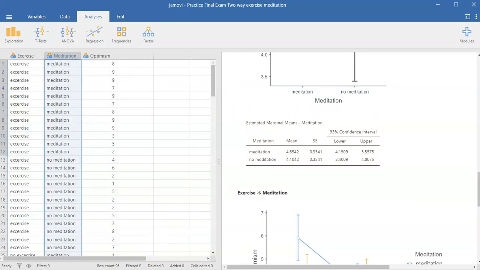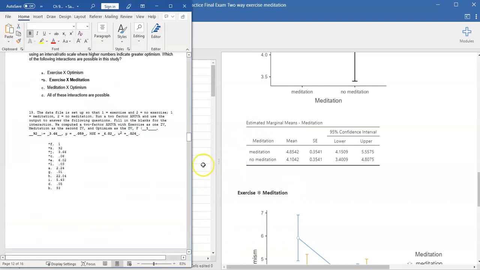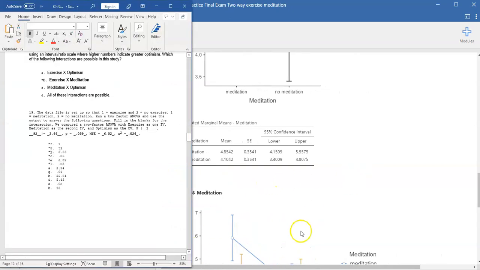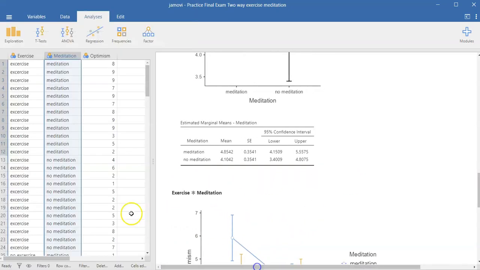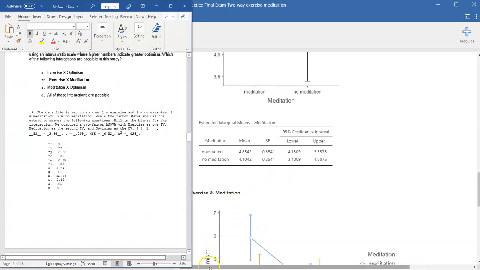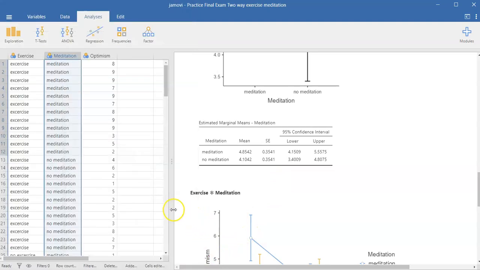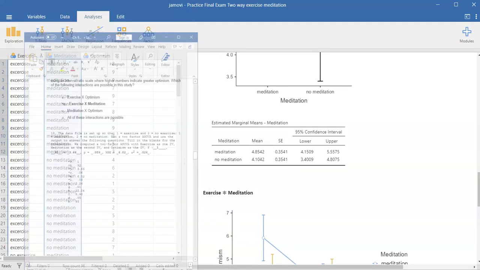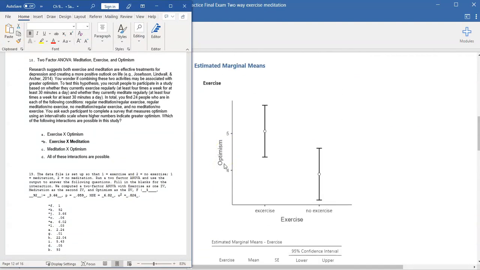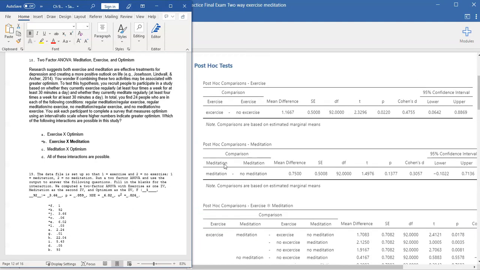So let's get this back set up again. Okay, almost there. All right, so the first question is talking about which of these is the possible interaction.